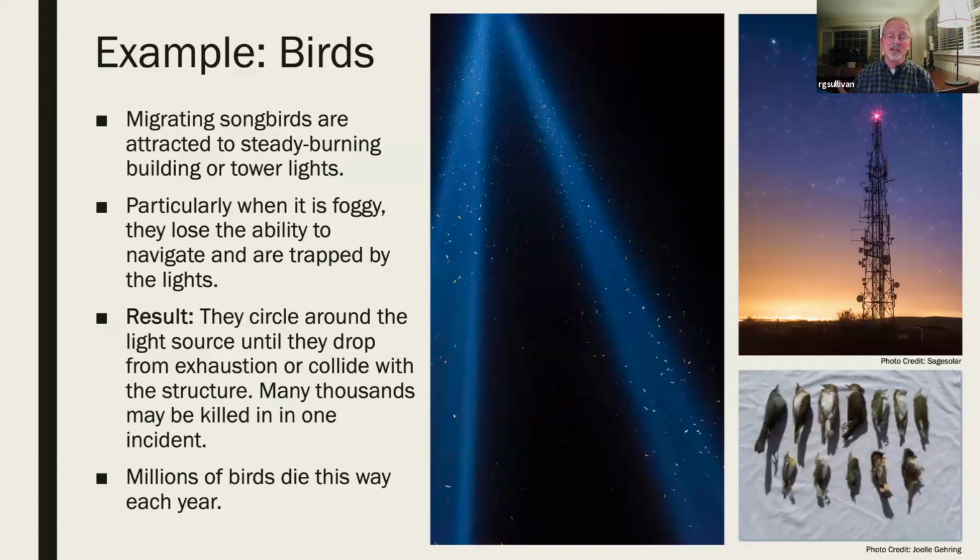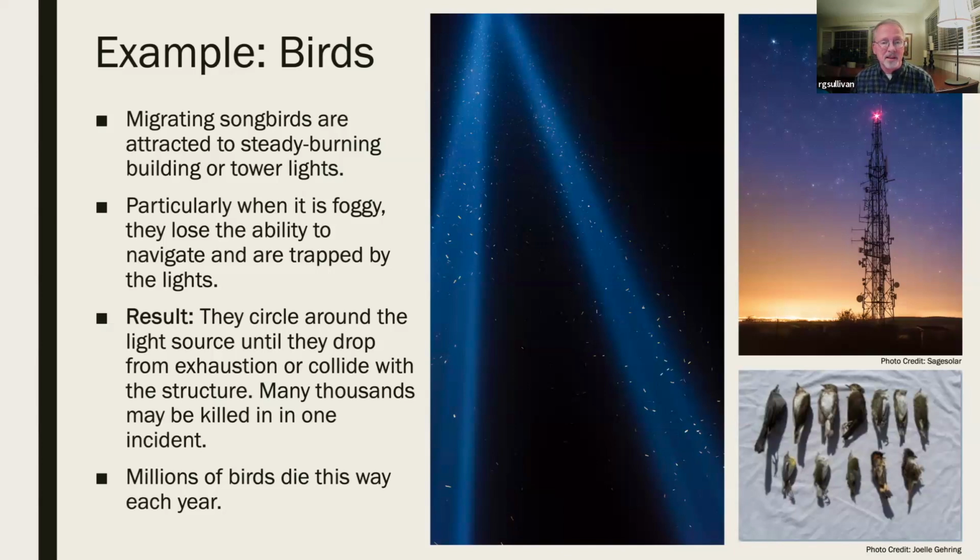But they also will tend to just fly in circles around this light, and they can't break free in some cases, and they will die either of exhaustion or eventually collide with something, or they will be attacked by a predator. And this is actually fairly common.